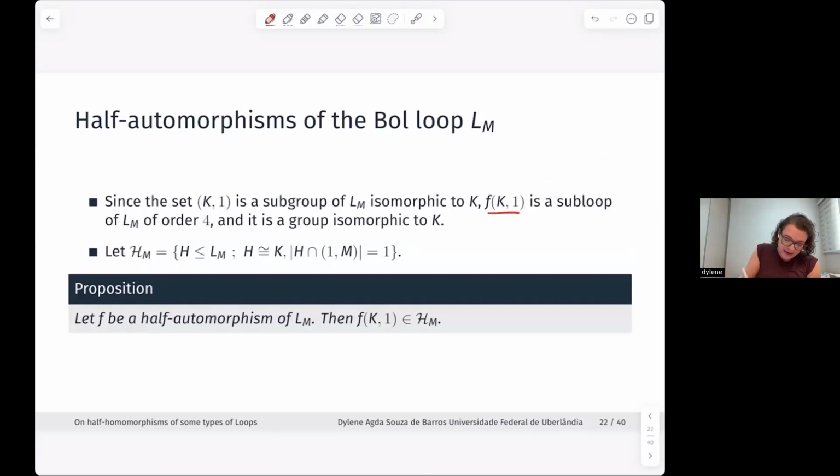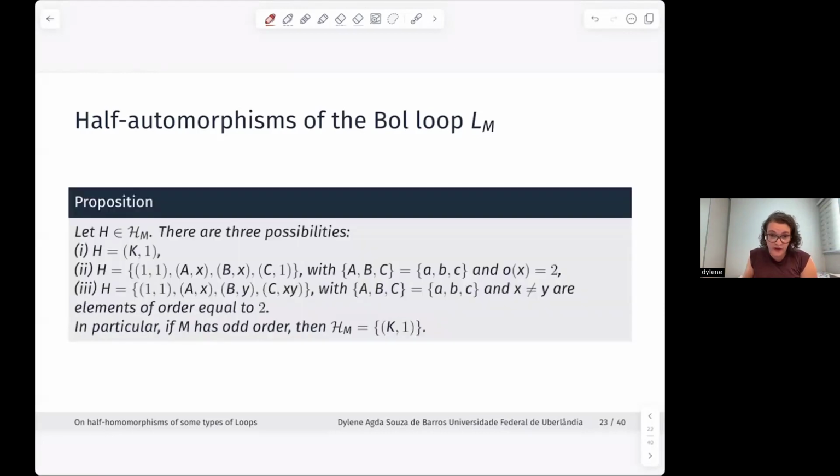So we decided to consider the set calligraphic HM of all subloops of Lm that are isomorphic to K and disjoint of 1M. If F is a half-automorphism, then F of K1 belongs to that HM, and there are three possibilities for that.